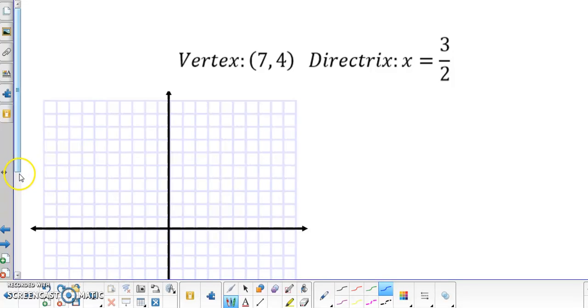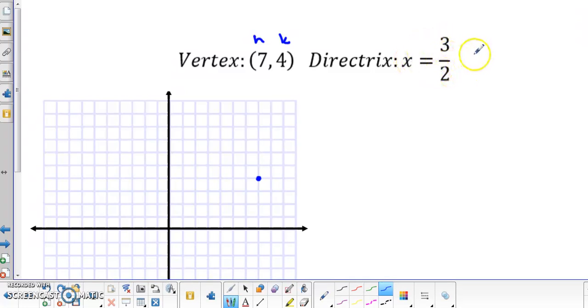Now we've got to find the equation when I'm given the vertex and the directrix. So here I'm at 7/4. So I'm going to go 1, 2, 3, 4, 5, 6, 7, 1, 2, 3, 4. Again, this is my h, this is my k. I need to find out where the directrix is located.